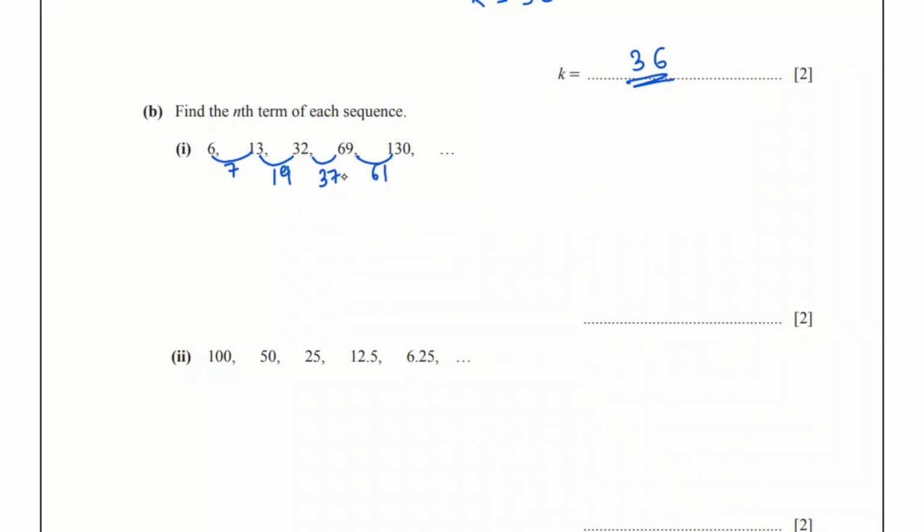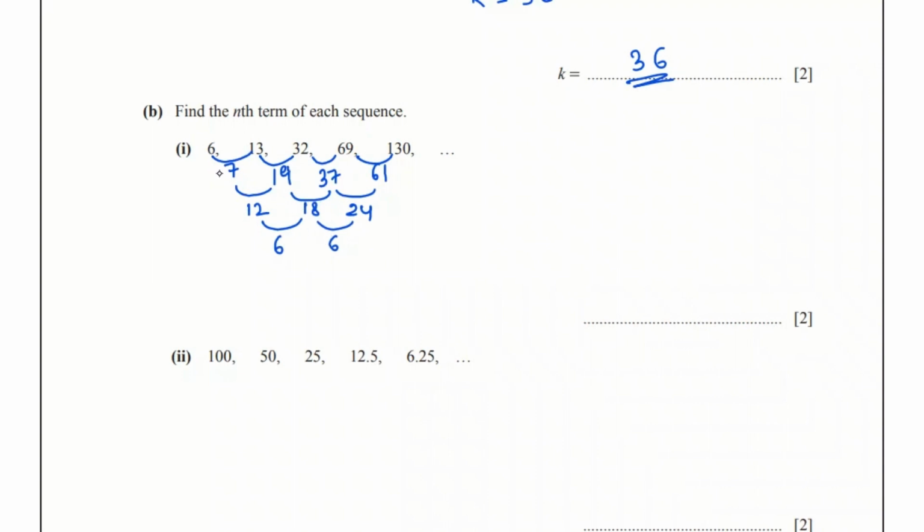Now since the common difference is not constant, we'll go on subtracting till we get a common difference. 19 minus 7 is 12, 37 minus 19 is 18, 61 minus 37 is 24, then 18 minus 12 is 6, 24 minus 18 is 6. Now from this we got the constant one.